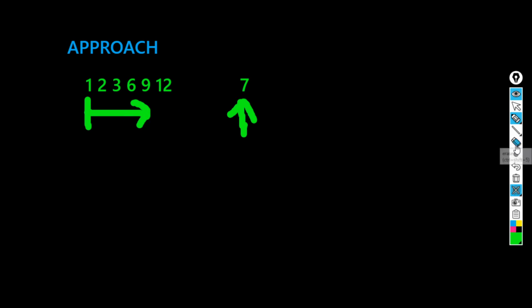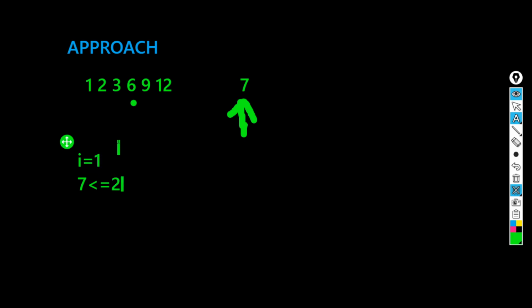So in this case we start iterating. First of all, i's value is 0, and the target value is 7, which is less than or equal to 1. So the condition becomes false, so I will increment it. It will be 1 now.